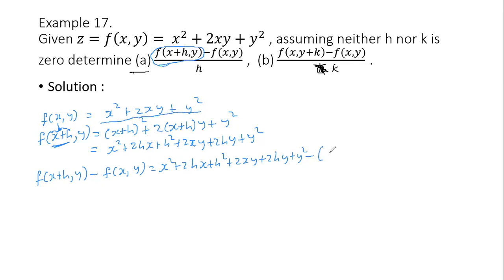I write that here, x square plus 2xy plus y square.